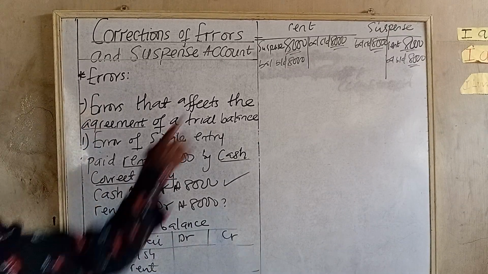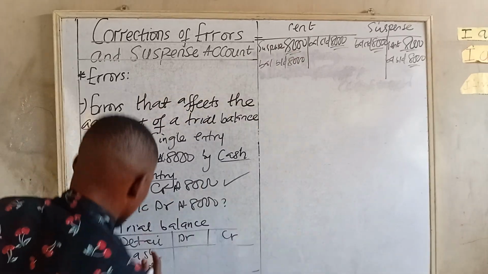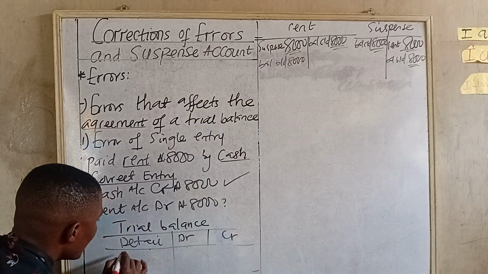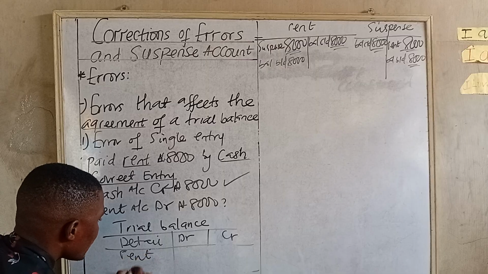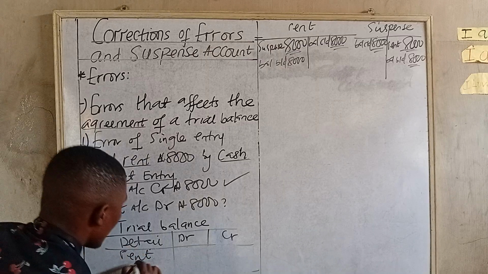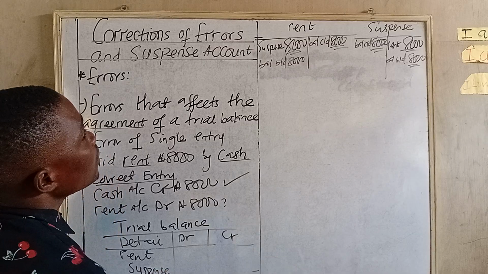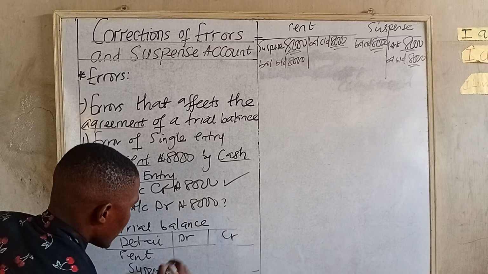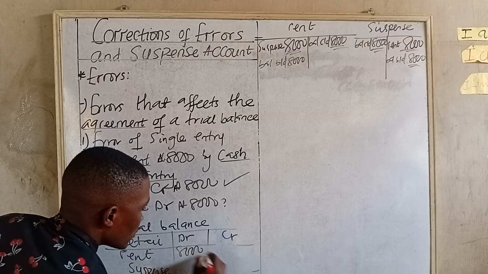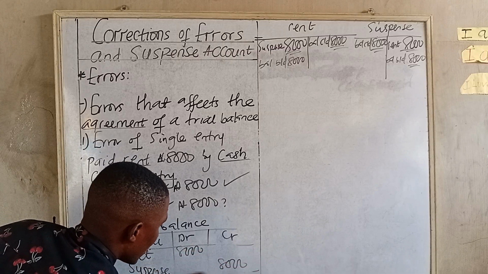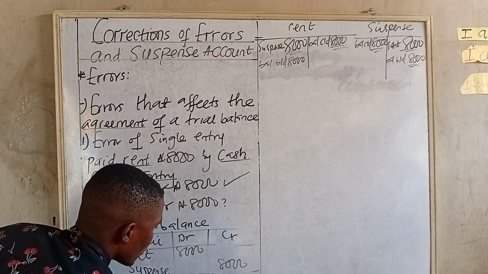It means we have rent and suspense. Now here rent is 8,000. Then suspense is 8,000. So now the error has been corrected.